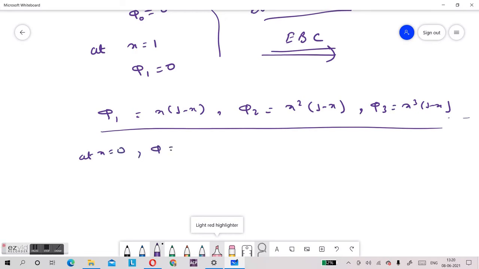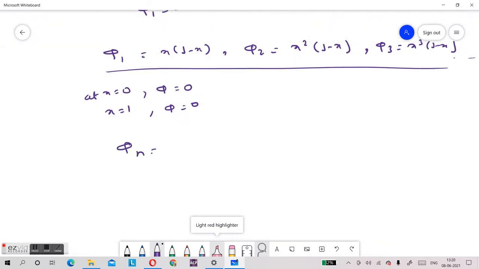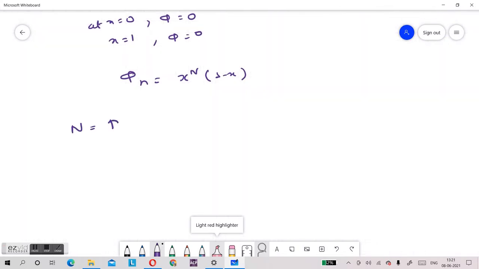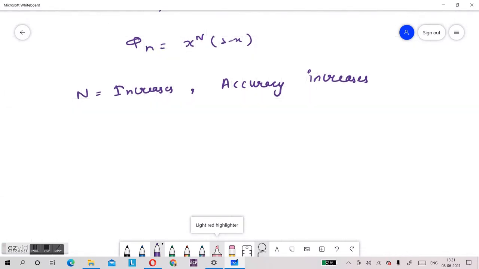So we can take phi n equals x to the power n times (1 minus x). As n increases, accuracy increases. As we have seen earlier, if we increase the number of elements, the accuracy will increase, and if n becomes infinity, we will get an exact solution.